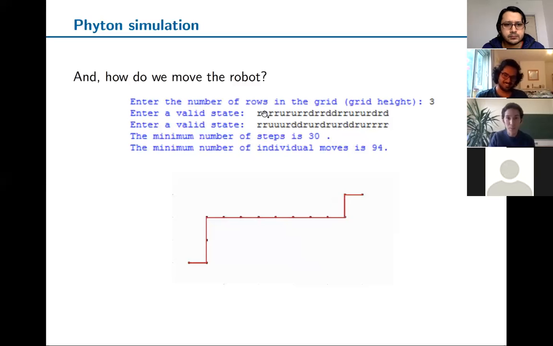So you can give a position 1 and a position 2, and the program tells you the minimum number of steps you make, where you allow independent steps to be done simultaneously, and the minimal number of individual moves is, like in this example, 94. And it also shows you a video of how to go from one position to another. So this was the example I presented at the beginning of the lecture.